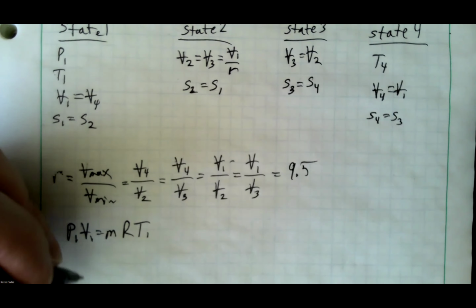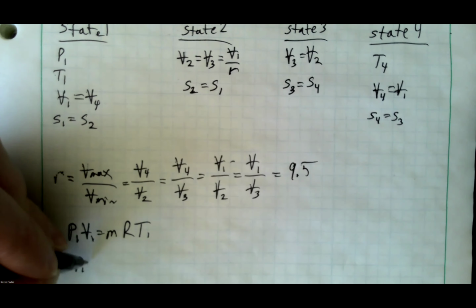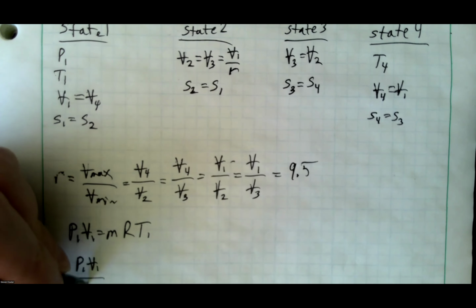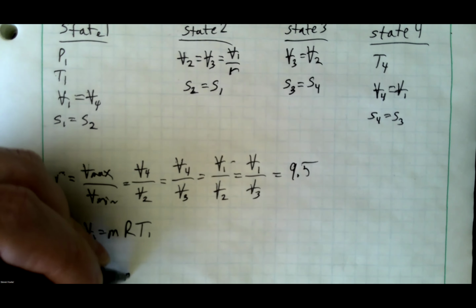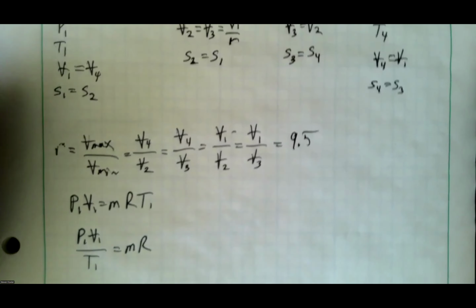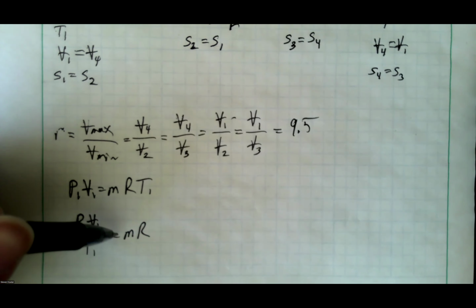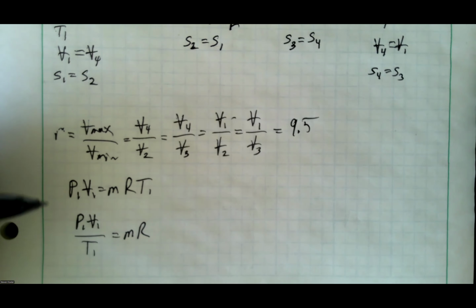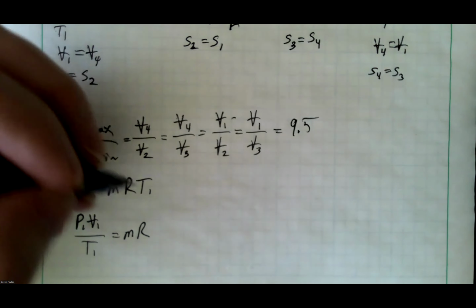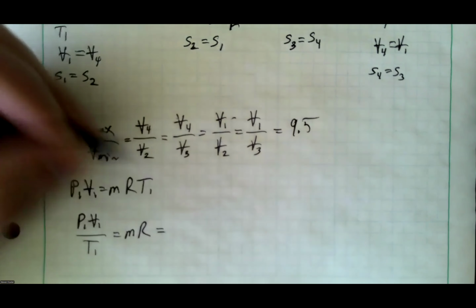But what I like to do, a very powerful thing to do with the ideal gas law if you're working between multiple states, is put your constants on one side of the equation. So mass is constant, it's a closed, sealed piston with air in it, and the R value is constant. And it's the same for all air.